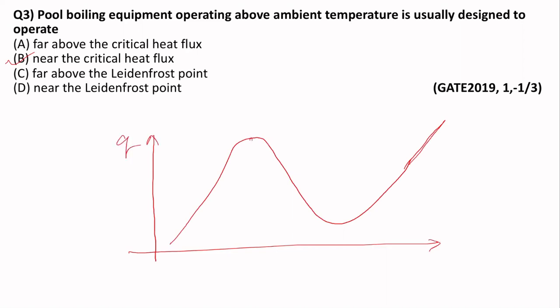Now if we want to operate a pool boiling equipment, we should use it in the maxima that is created. After that it will not be possible, because after a long range of temperature, we will get the same heat flux, but it can burn the equipment. So I think B is the correct answer.